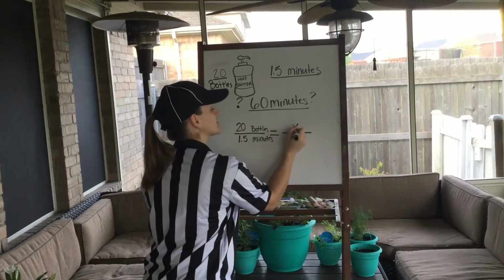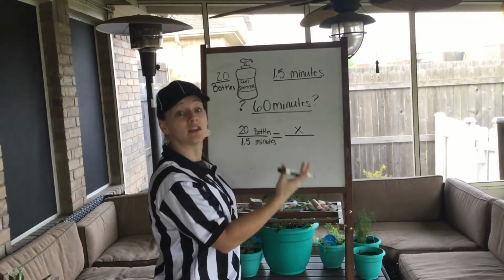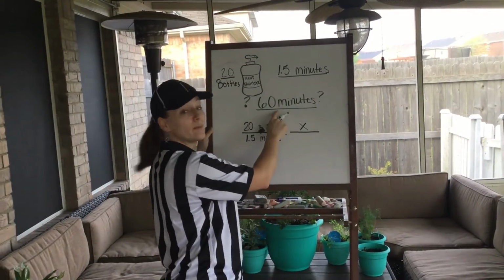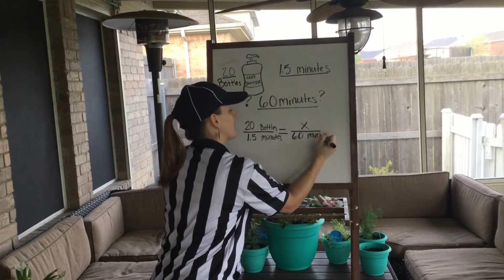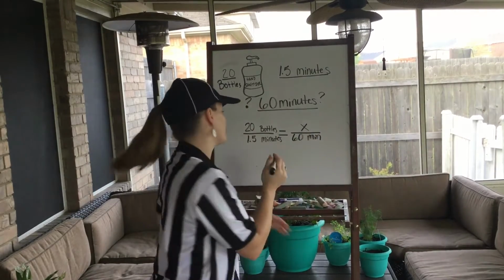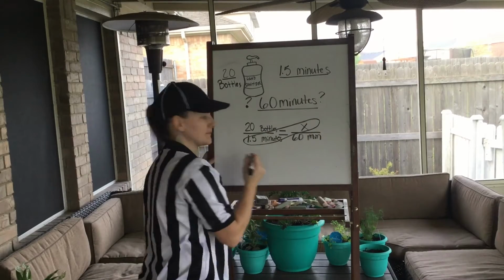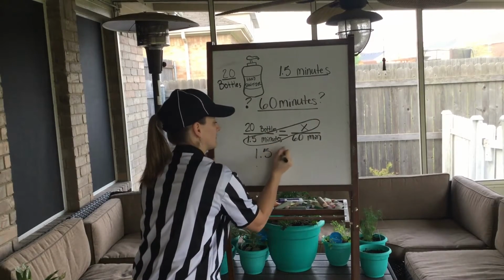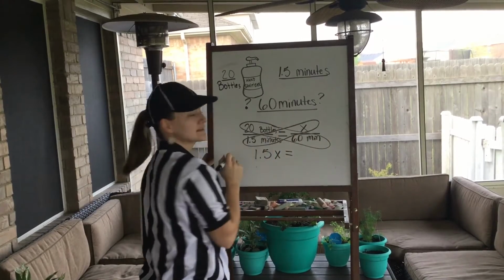So we're going to call this X. We don't know what it is. But on the bottom, the denominator, we're going to put how many minutes. So 60 minutes. So remember, when we have those two proportions, we're going to cross multiply, which means we're going to do 1.5 times X equals 20 times 60.